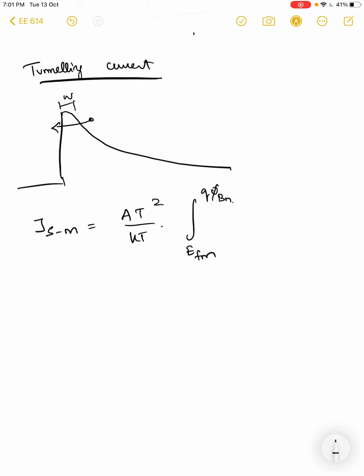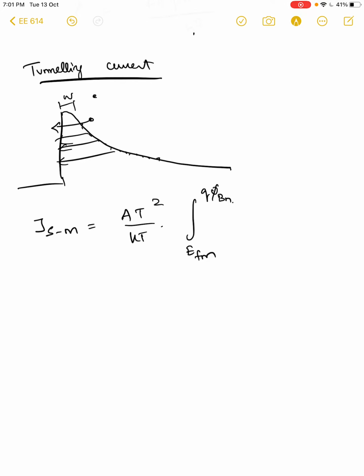Remember, this is not about electrons which jump over the barrier height, but these are electrons in the conduction band which is at much lower energies than the barrier height. So we're talking about tunneling in these levels, right?